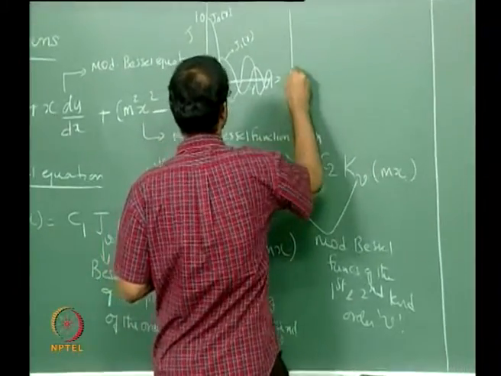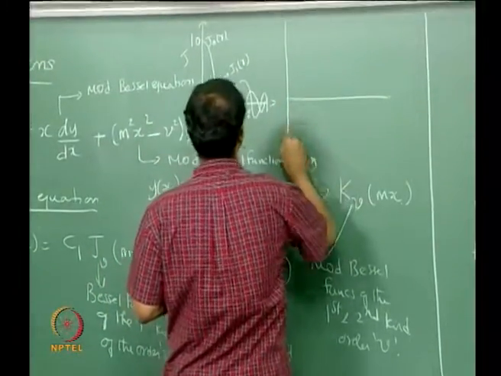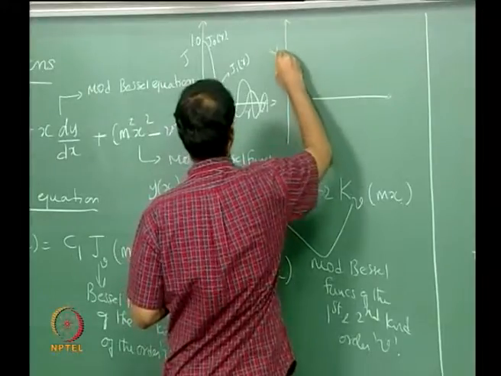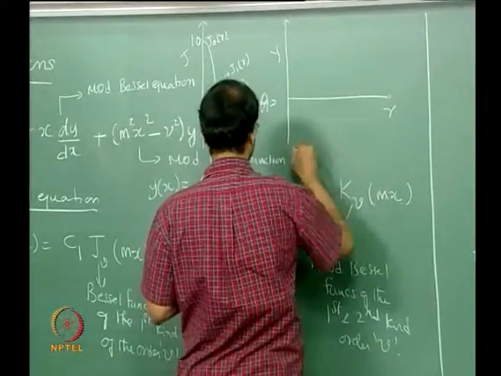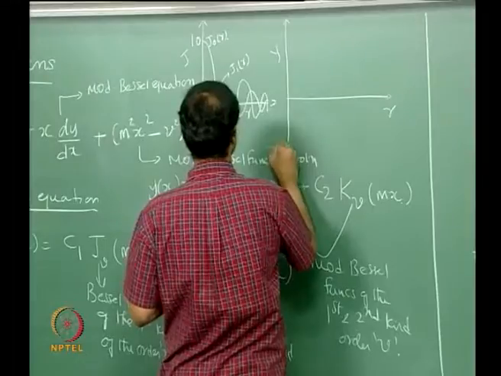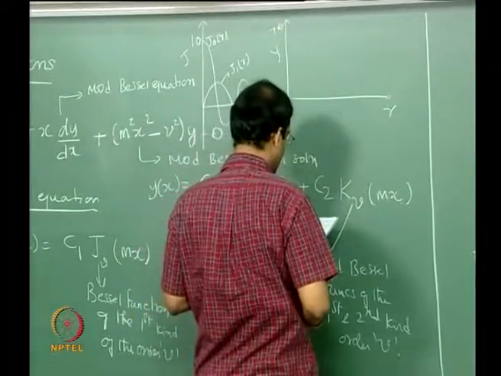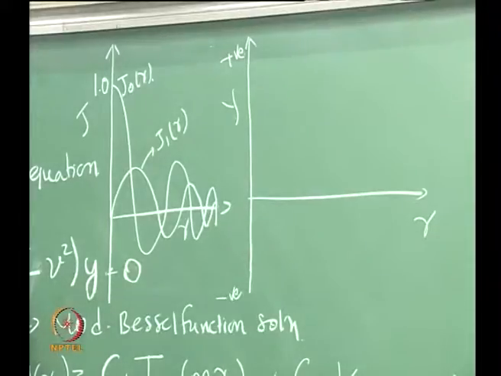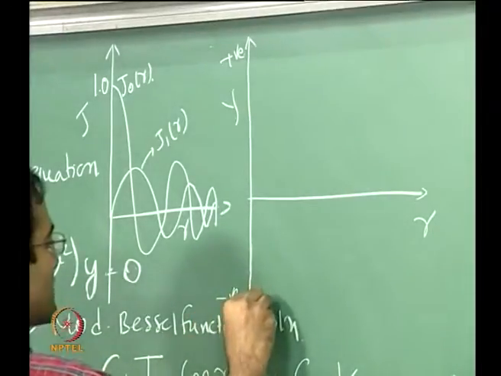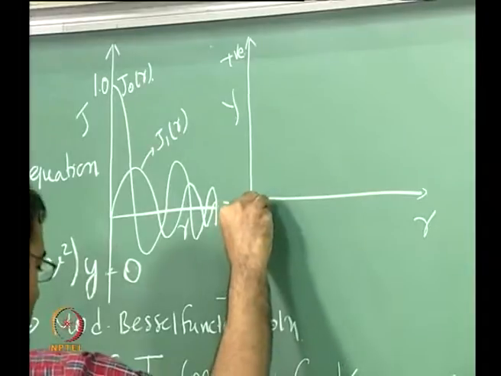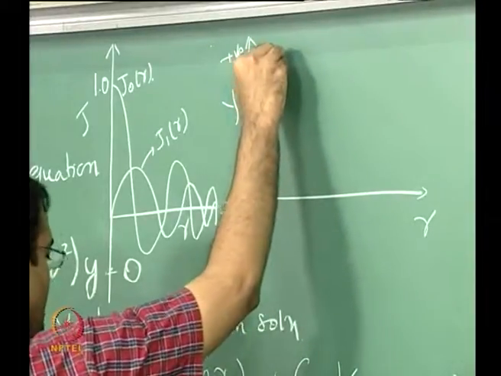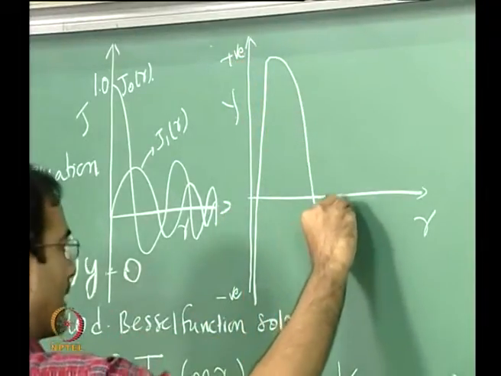Similarly, if you draw the Bessel function of the second kind, that is Y as a function of R, this is negative, this is positive here. The zeroth order Bessel function of the second kind at R equal to 0 will start from infinity and increase to a positive value, and it will be oscillatory again.